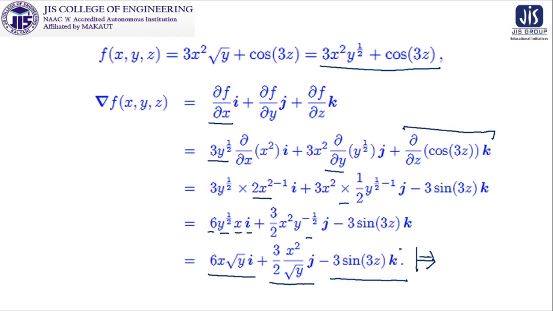Okay, so now if we proceed further to some properties, you look at this, we can say that the gradient of c, where c is a constant, will be 0, because partial differentiation of c with respect to x and y and z are all 0, so the contribution will be 0.